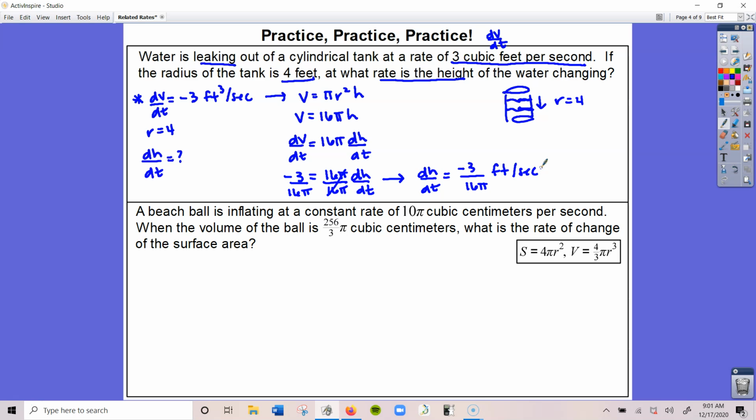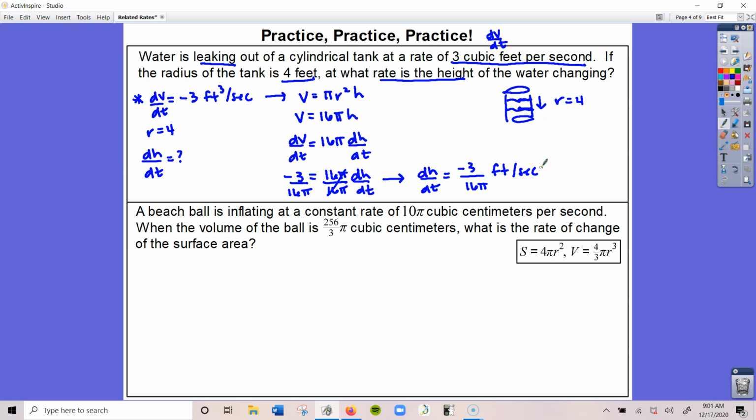Now, I know that a lot of the times we're not sure how to write out our units. So just as a heads up, for volume, your units will always be cubed. So feet cubed per second, meters cubed per minute, whatever, cubed per unit of time. That would be your rate. If this represented area, like if I was trying to solve for dA/dt, then your units would be squared.